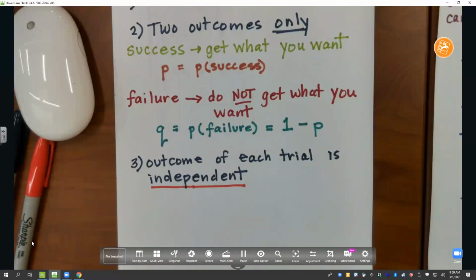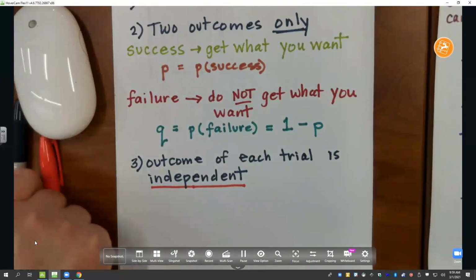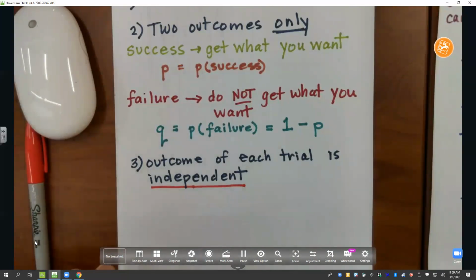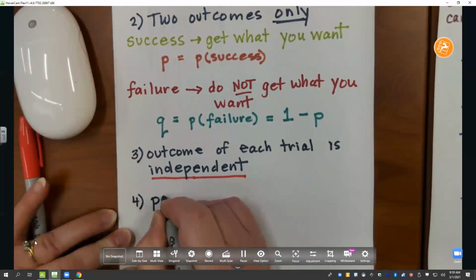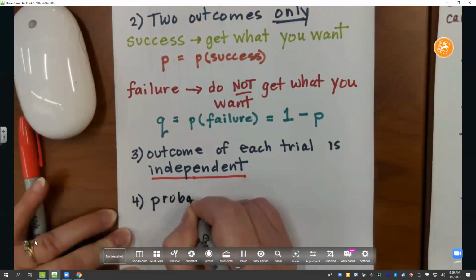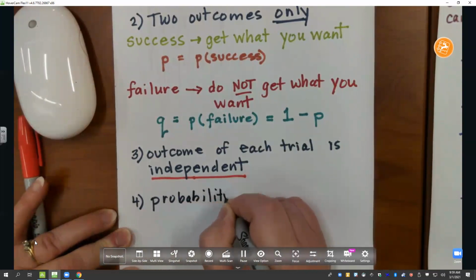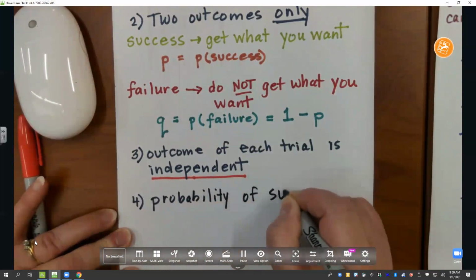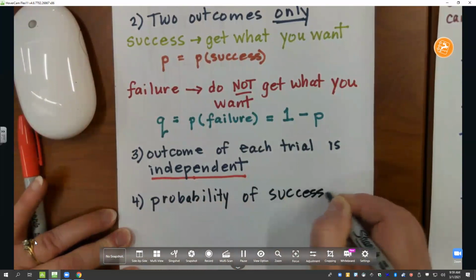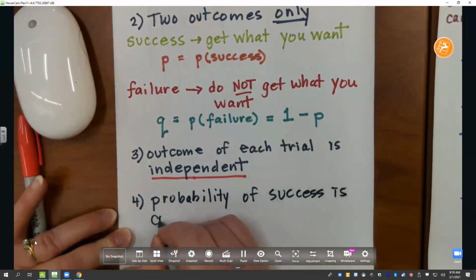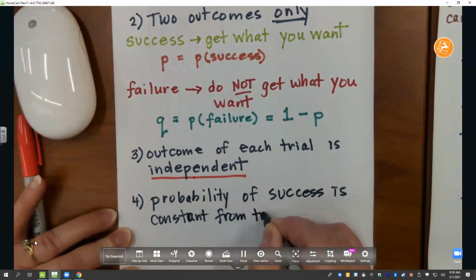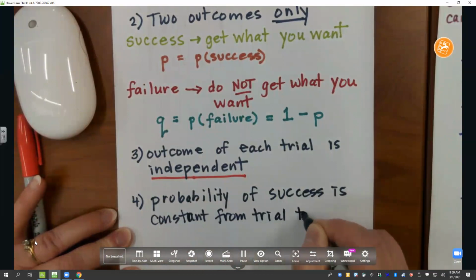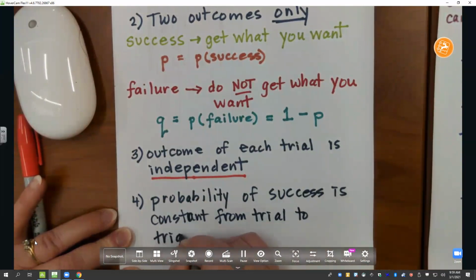All right, the last condition says that the probability of success is constant from trial to trial.